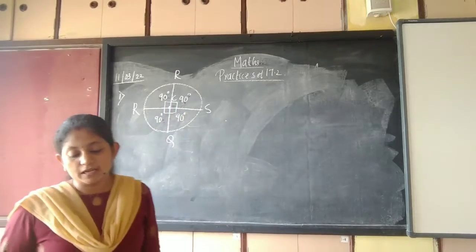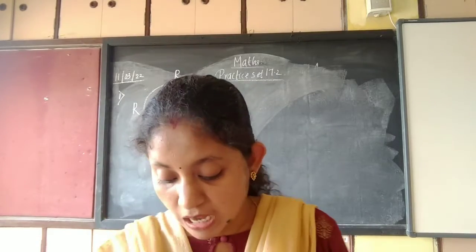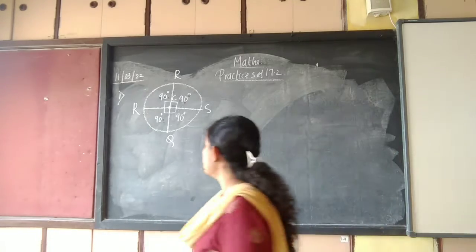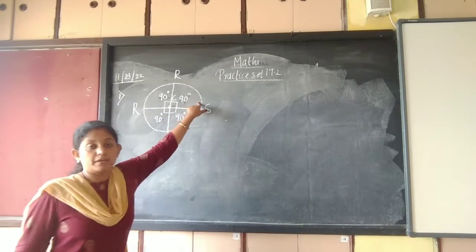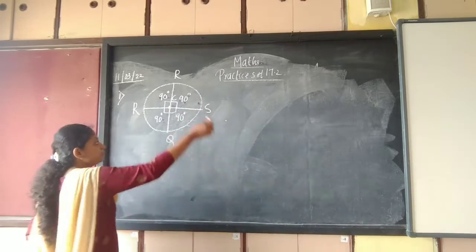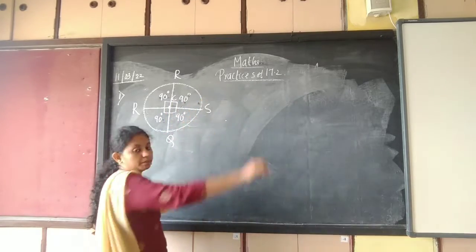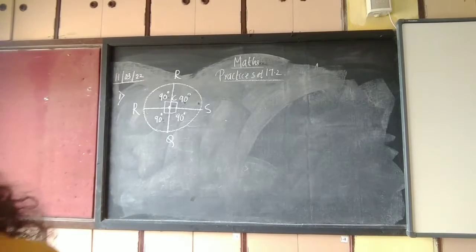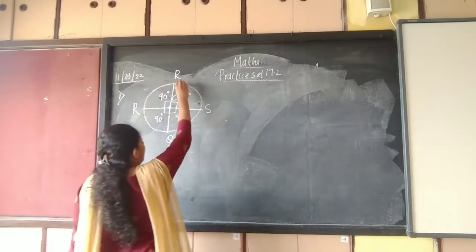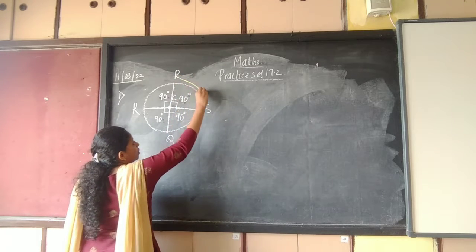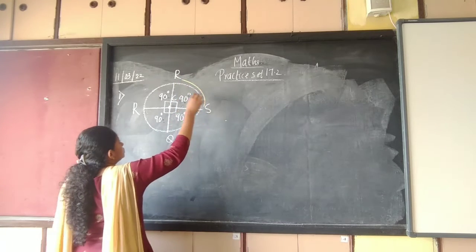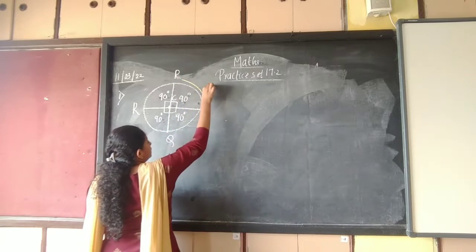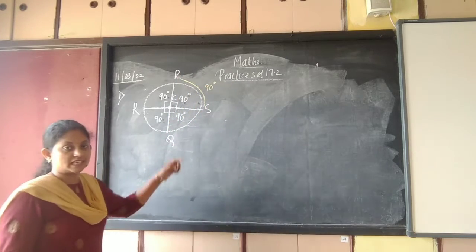Now what is asked in the question: we have to state why arc PS and arc SQ are congruent. What will be the measurement of this arc? Whatever is the measurement of this angle, the same will be the measurement of the arc. So if the angle is 90 degrees here, PS is also 90 degrees, correct? We have seen this yesterday.